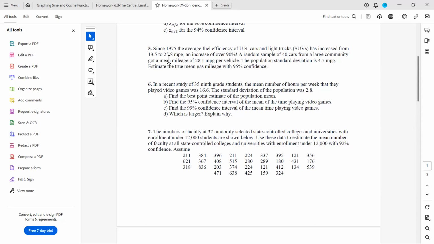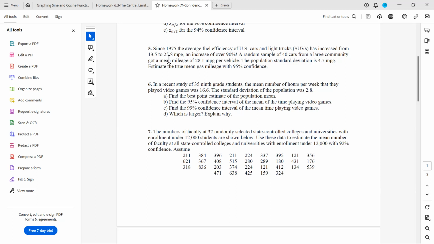So I'm gonna get the 1.96. On number 6, you have n is 35, right? I'm gonna write this out. Mean number of hours was 16.6, and the standard deviation of the population was 2.8.